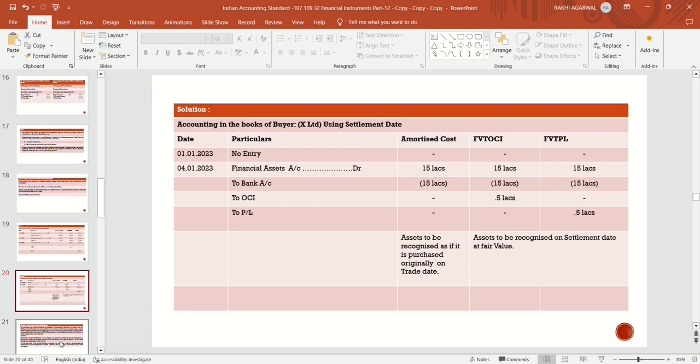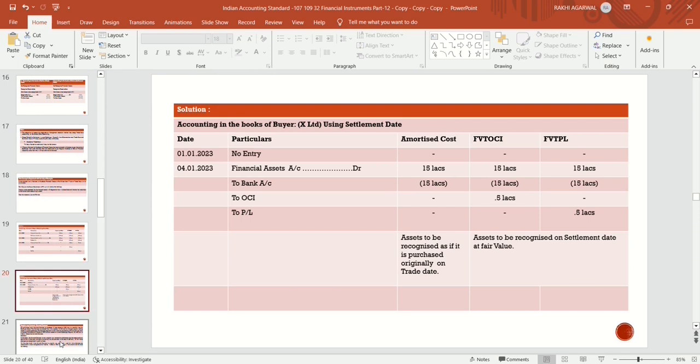And in FVTOCI they will recognize financial asset account debit 15 lakhs to bank 15 lakhs, and the balancing figure, that is 0.5, because on the settlement date the fair value of the financial asset is 15.5 lakhs. But in amortized cost they will settle at amortized cost only. They will not recognize the gain, but in FVTOCI and FVTPL they will recognize the gain or loss.